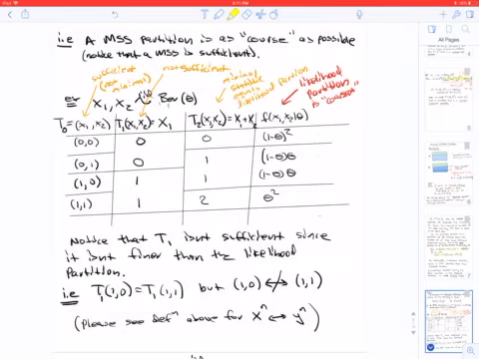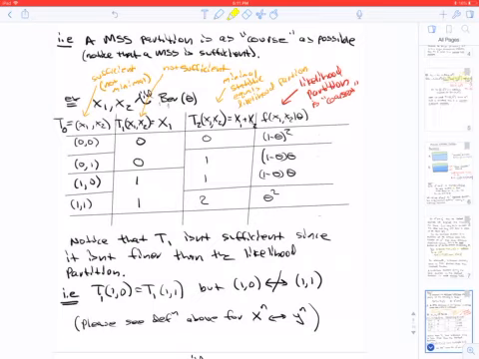T0 is just all of our data. That's a statistic. T1 is the first component, and T2 is the sum of x1 and x2. Right away we can see that the partitions for T2 and the likelihood partition are the same. So we would conclude that T2 is a minimal sufficient statistic.